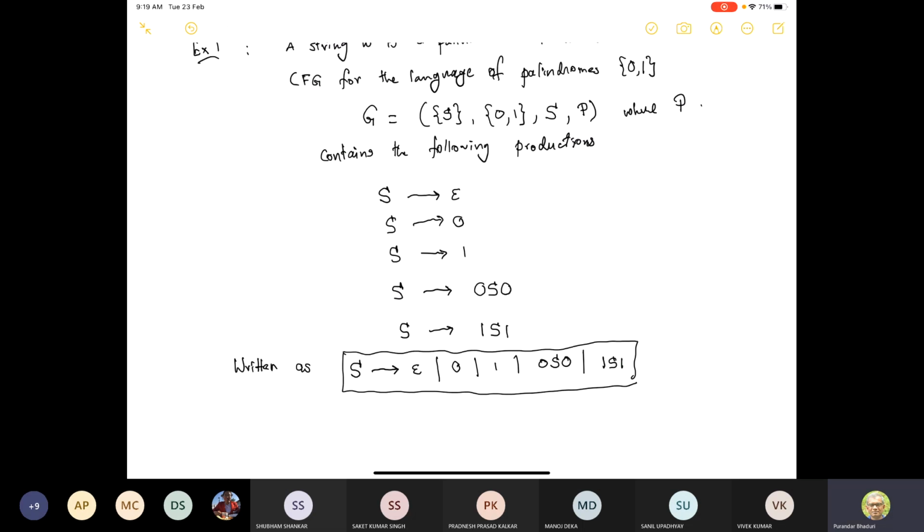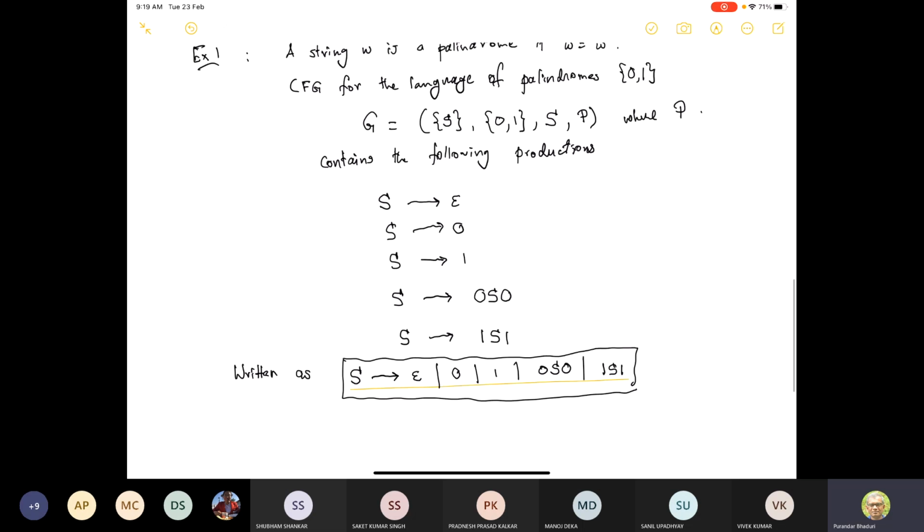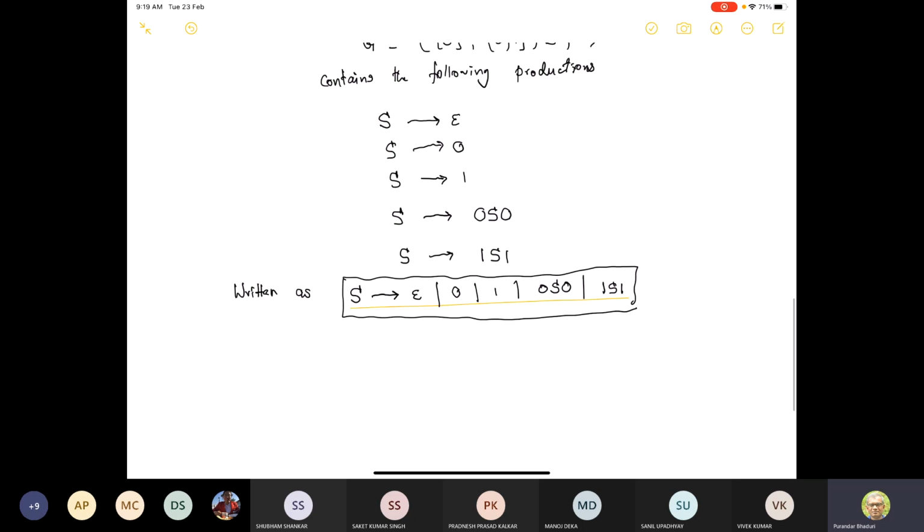So in both the examples we saw, we had just one non-terminal, or one variable, which was the start symbol. I mean, there has to be a start symbol. The set of variables is non-empty. There has to be a start symbol, right?